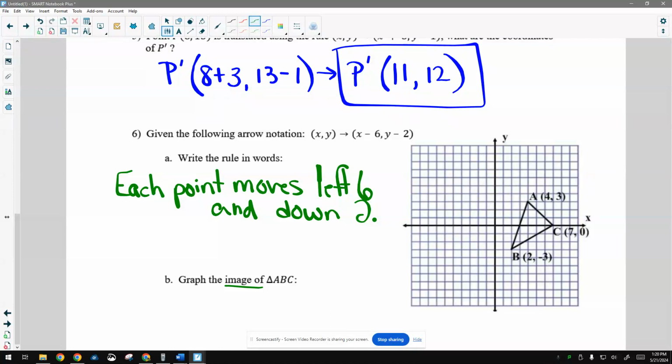So x minus 6. Here's A prime. And we do like straight edges when we're drawing triangles.